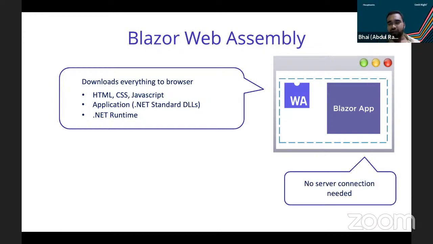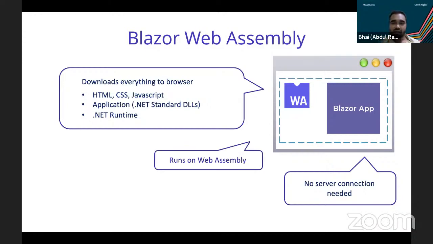The main thing with WebAssembly is that we don't need any server connection, which means we can run or deploy this without any prerequisites, as it runs completely on WebAssembly in all the browsers. We can easily deploy it to any device.